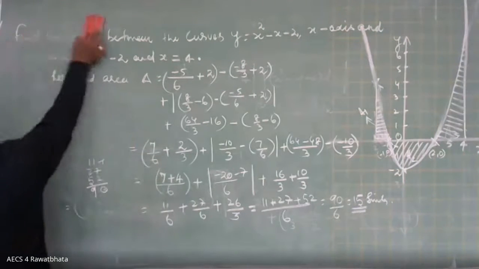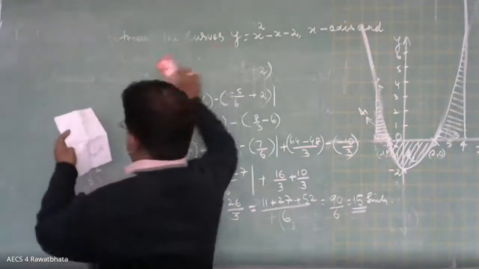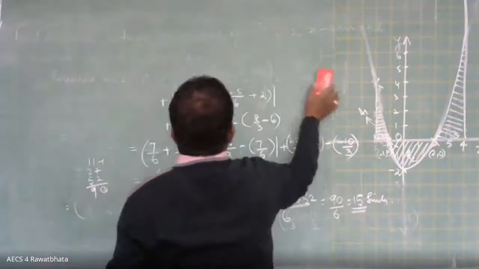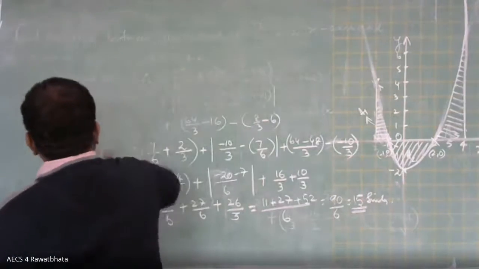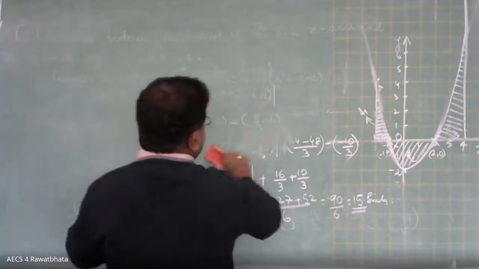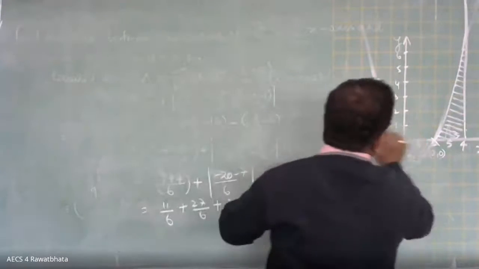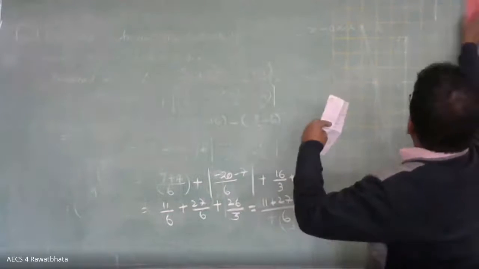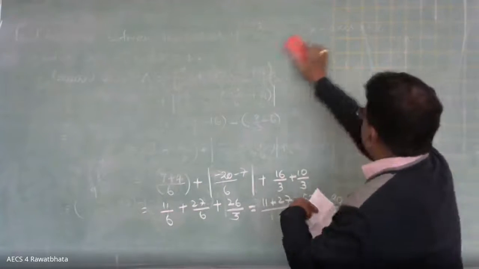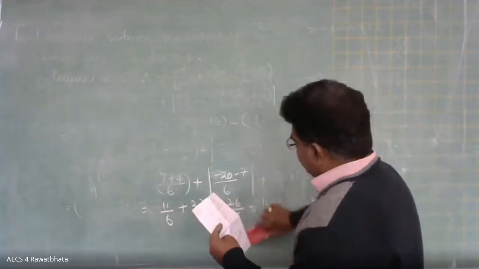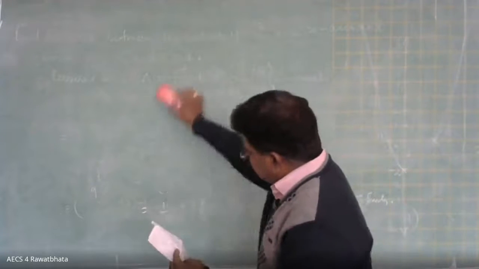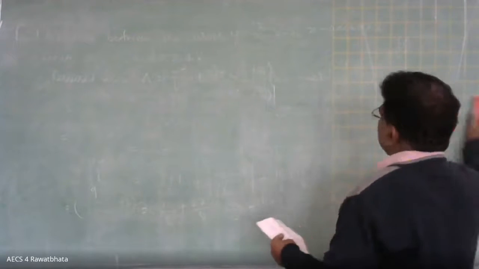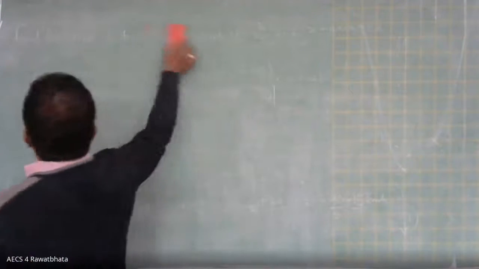Find the area of the ellipse x squared plus 9y squared is equal to 36. Find the area of the ellipse x squared plus 9y squared equal to 36.